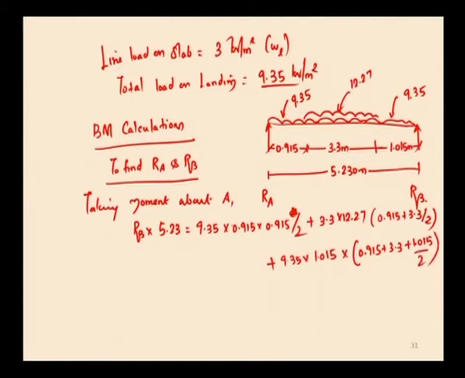This is the way to calculate the reaction at the support B. R B here it is 29.36 kilonewton.